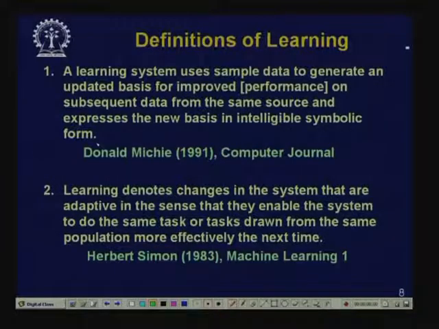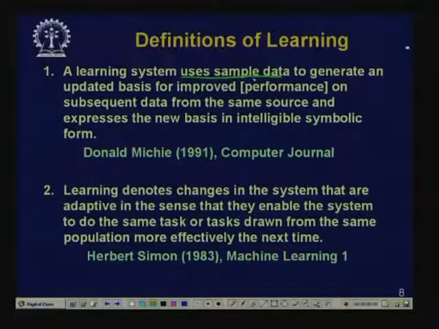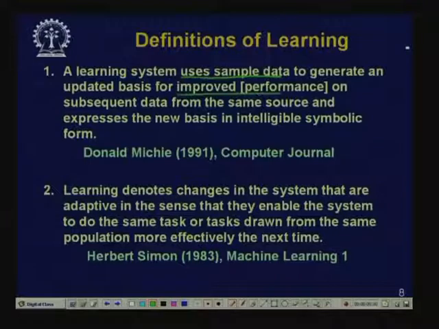So, let us try to understand what this means. We have a learning system which uses sample data, that is the training example. So, there is some sample data or there is some experience to go by, and on the basis of this experience, the system tries to generate a new model, so that it can lead to improved performance on subsequent examples.